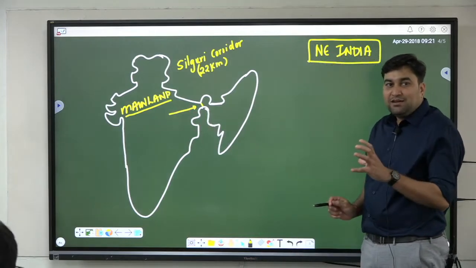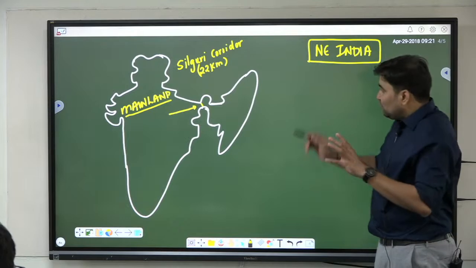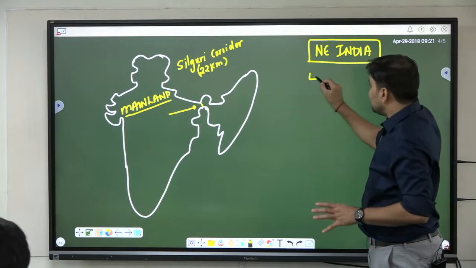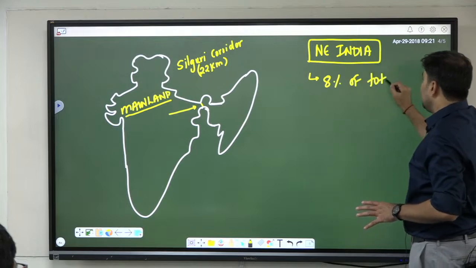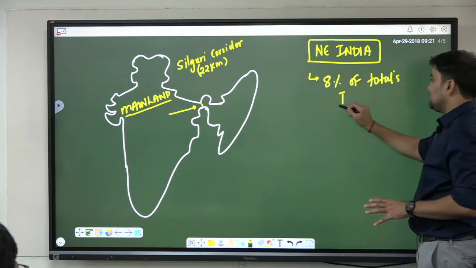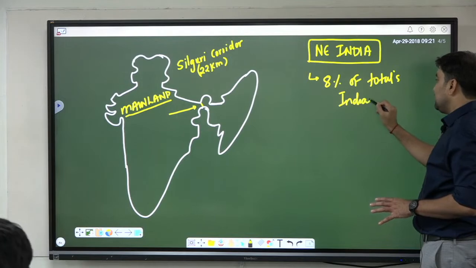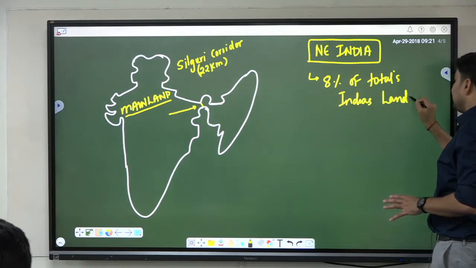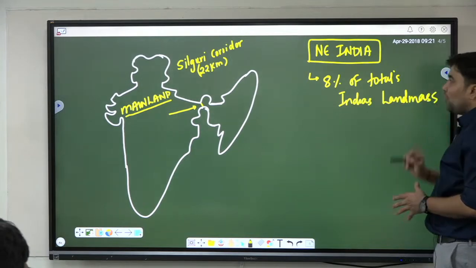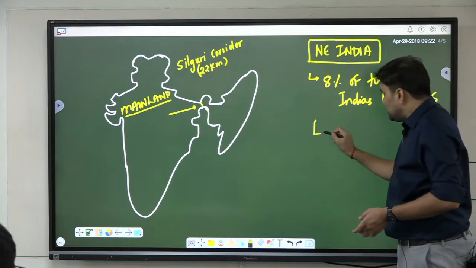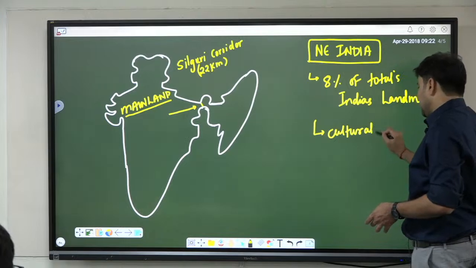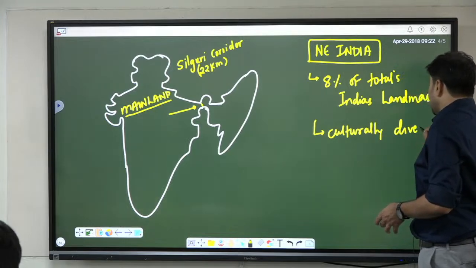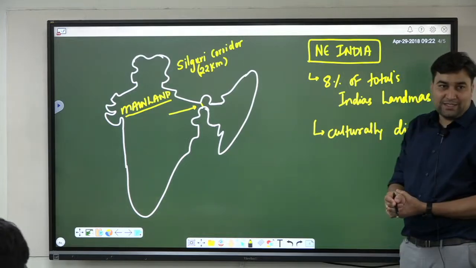Now, Northeast India comprises 8 states. This total Northeast India occupies about 8% of India's landmass. Now this Northeast India is culturally very diverse, and a plural society is there.